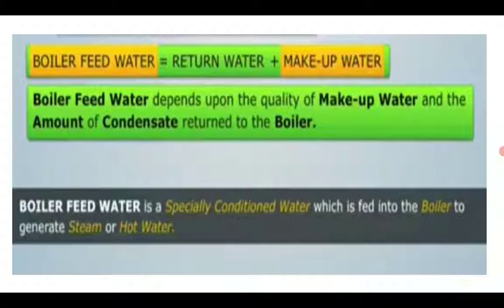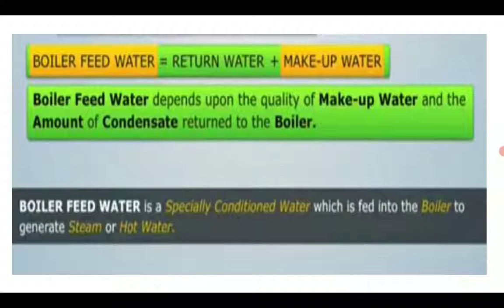Fine. So what are the factors the boiler feed water depends on? The boiler feed water depends upon the quality of the makeup water and the amount of condensate returned to the boiler.